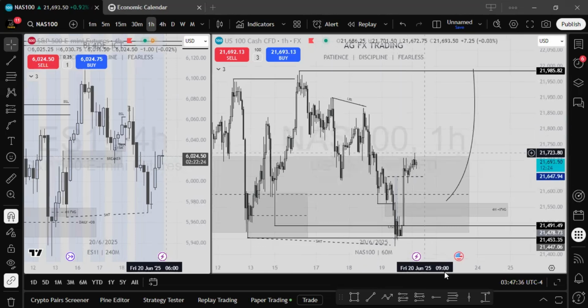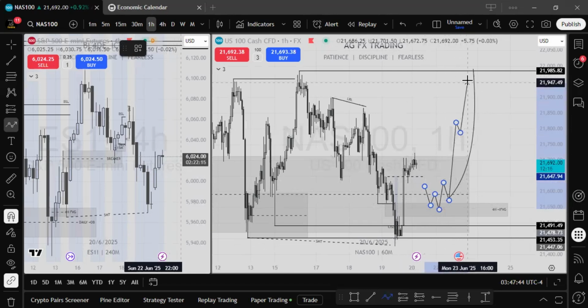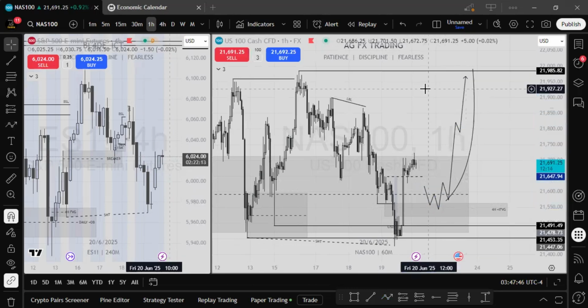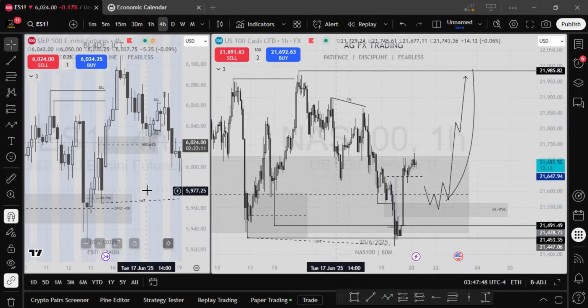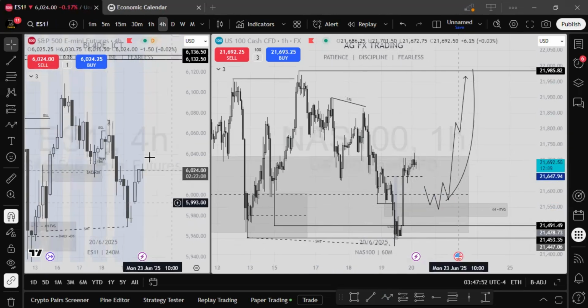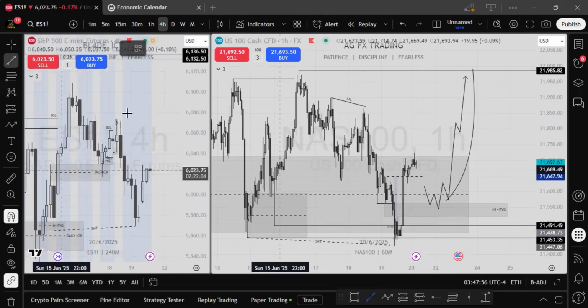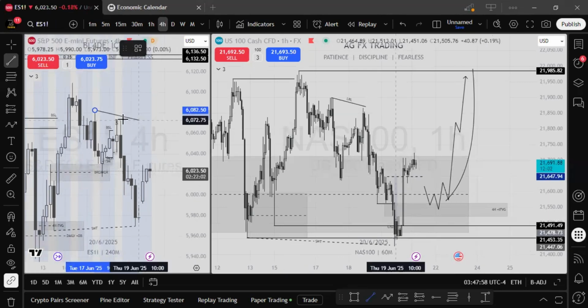And yeah, once we trade into this, like I said, and if you look at these SMTs here, it's holding. So I'm pretty sure we're gonna see bullish price action. We also have low resistance here on ES.